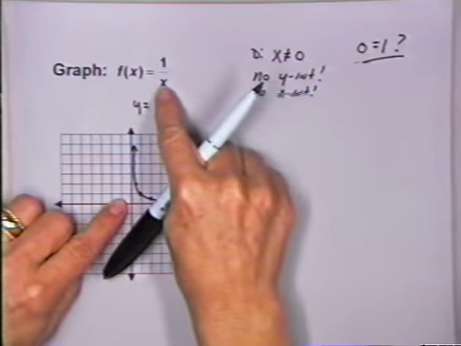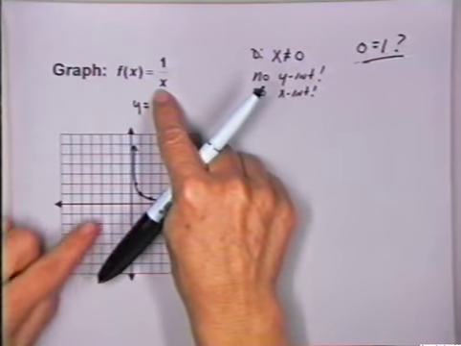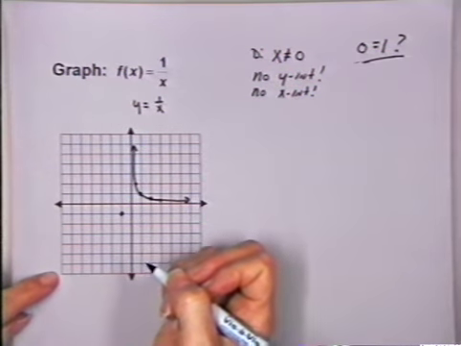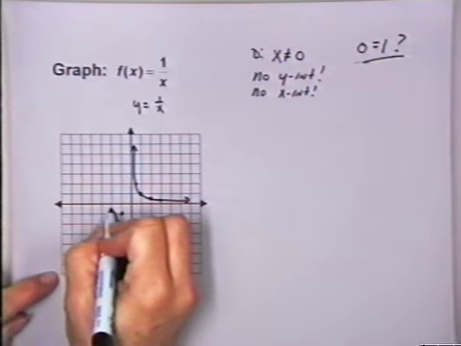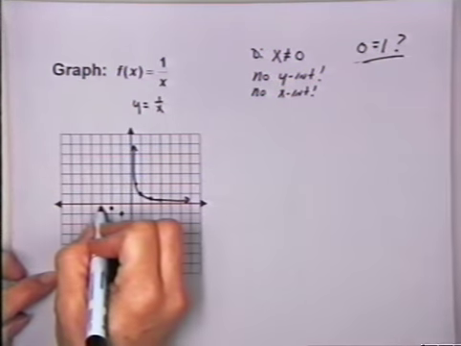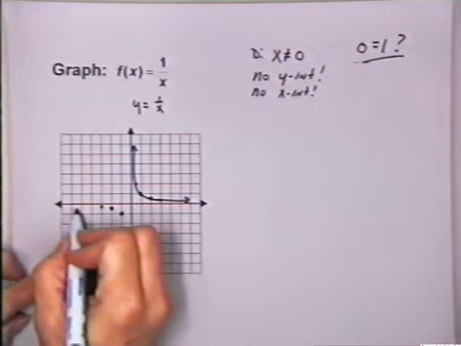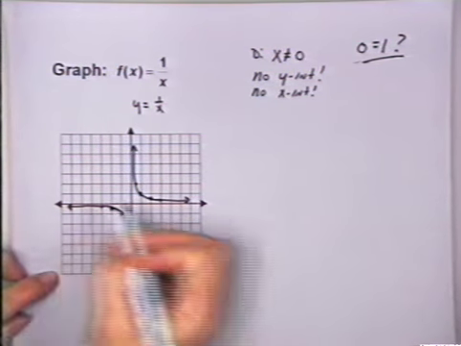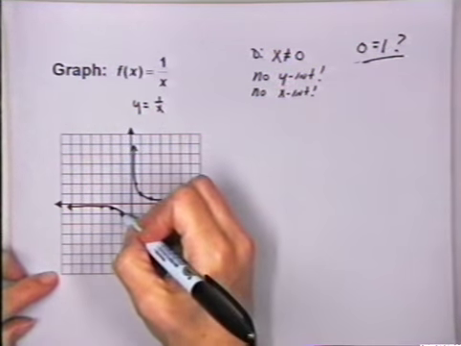Now also recall we can choose negative values for x. If x is -1, 1 over -1 is -1. If x is -2, 1 over -2 is -1/2. I'm graphing that point. -3 gives me -1/3, and so forth. Again, my graph gets very close to the x-axis but doesn't touch it.